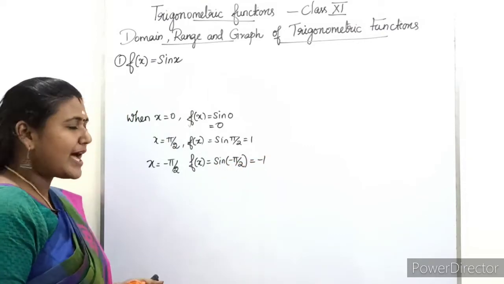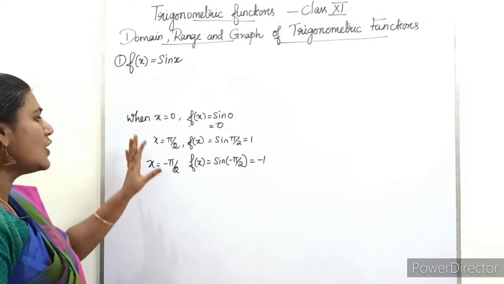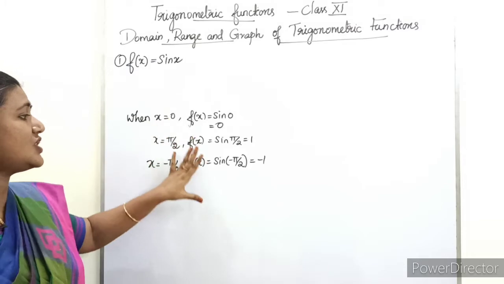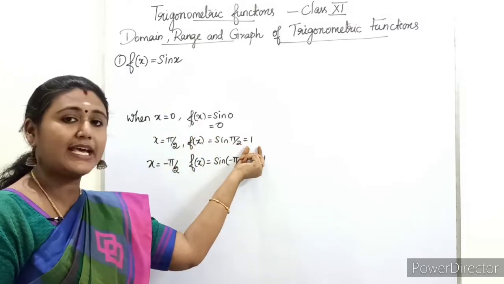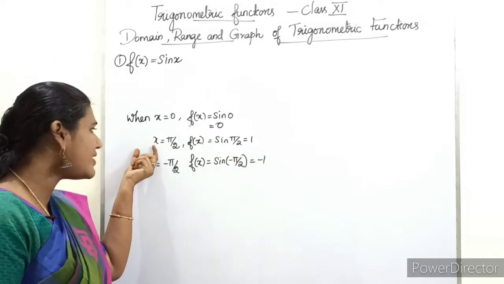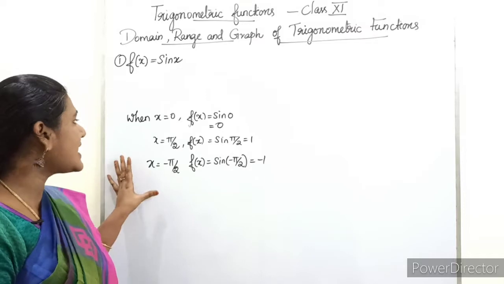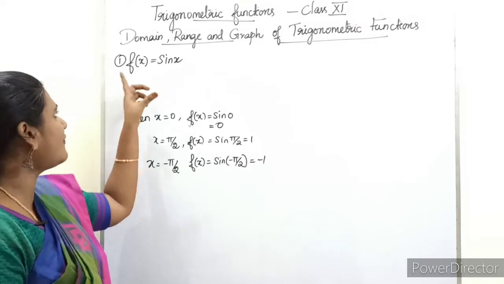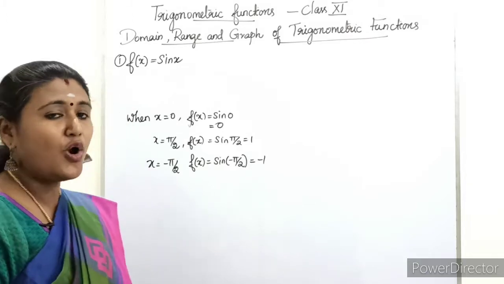So whatever value you are taking for x, whatever angles you are taking for x, for all these angles the function is defined. We are getting a unique f of x. So for every value of x the function f of x is defined. So we can say that the domain of the function sin x is the set of all real numbers.